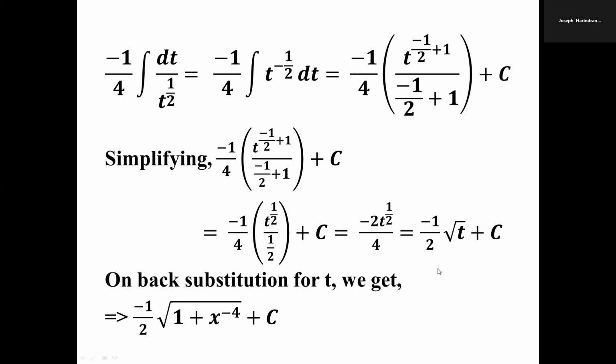So the final answer would be, on back substitution for t, with t is equal to 1 plus x power minus 4 within the square root, minus 1 by 2 root of 1 plus x power minus 4 plus c, and this is the answer.